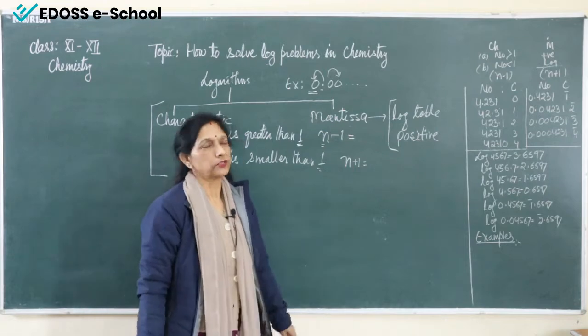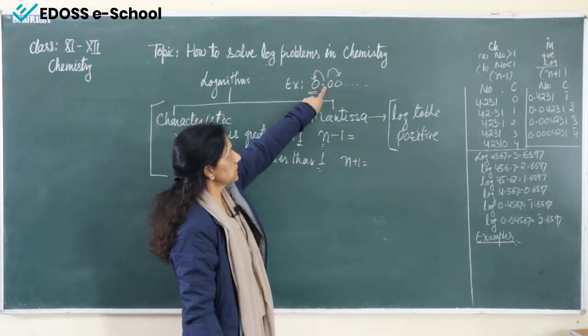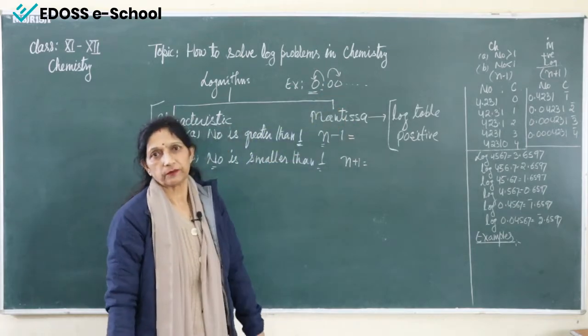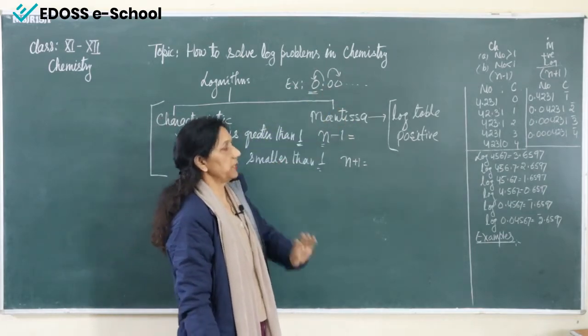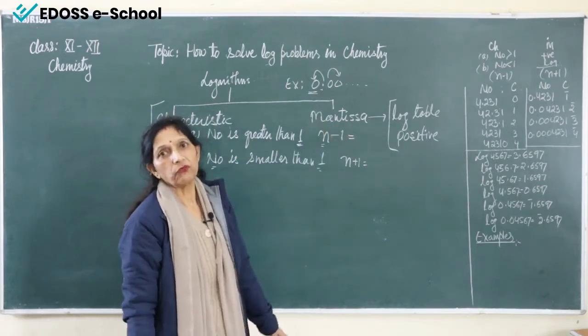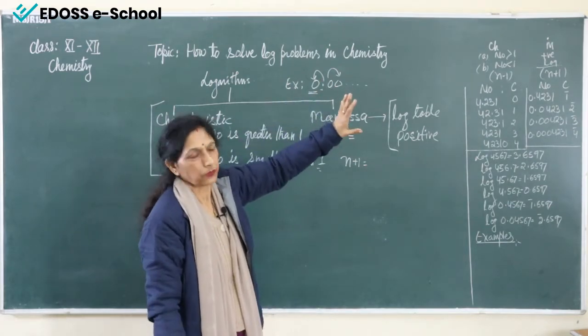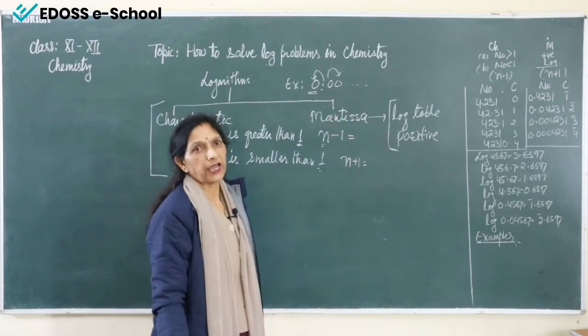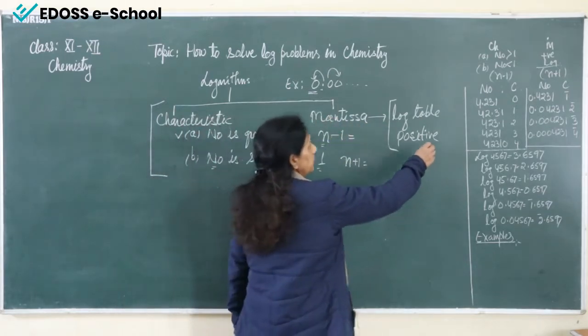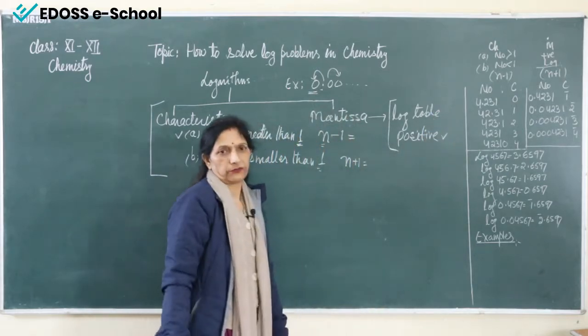Mantissa is the number that comes after the decimal place, the whole number, and we have to find this value with the help of the log table, and it is always positive.